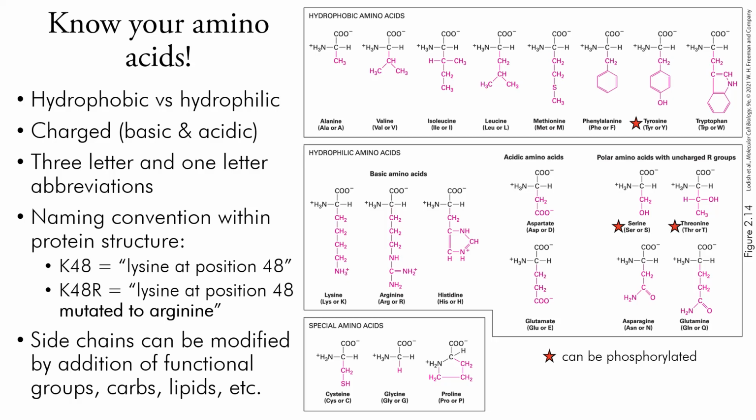You have other amino acids that can be modified on their histone tails, like lysine or arginine. You have amino acids that can be ubiquitinated, that's just lysine. You have cysteine that functions in disulfide bonds. These are the 4 main kinds of protein modifications we'll be talking about during this course.